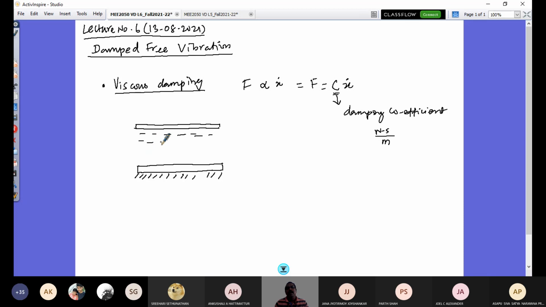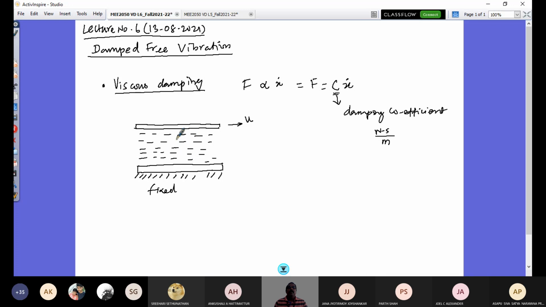Now the motion of the top plate is in this direction with the velocity, say, u. So the velocity of the plate in this direction is u. And this one is fixed, and they are separated by the fluid.